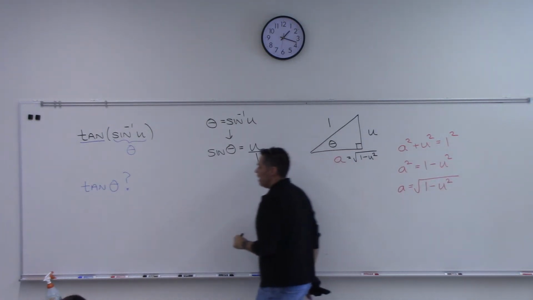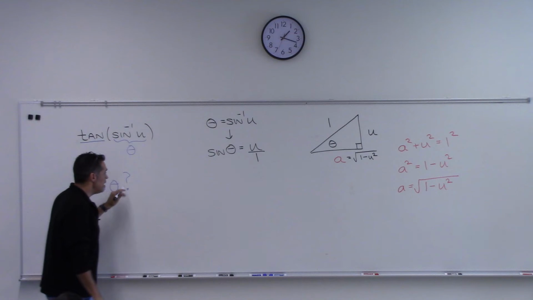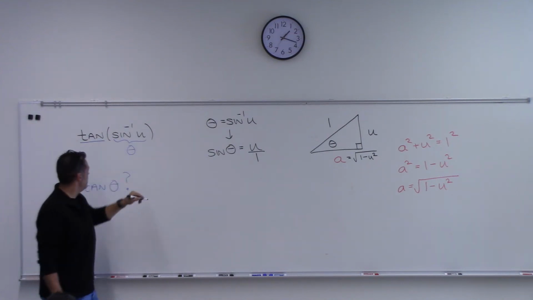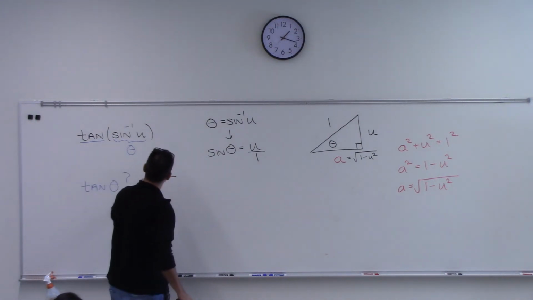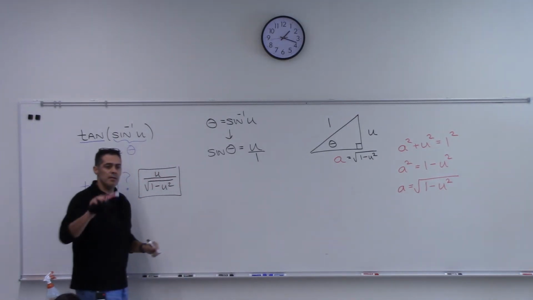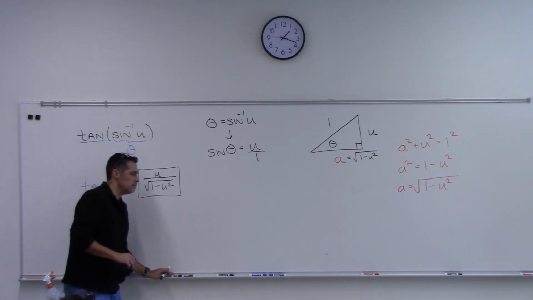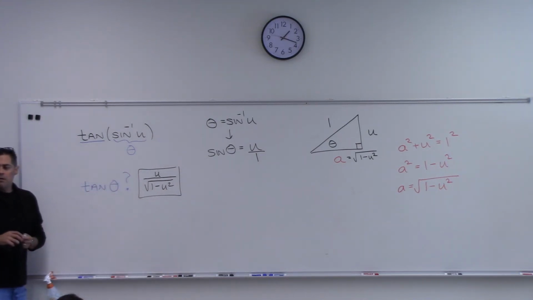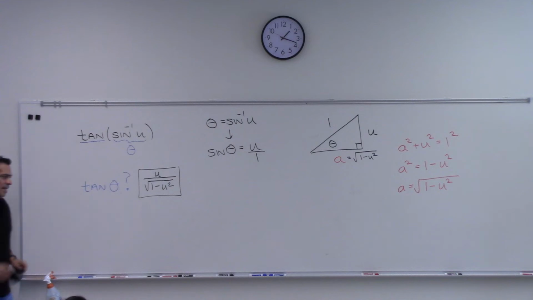And then to answer what's tangent of theta: opposite over adjacent. So this should just be u over the square root of 1 minus u squared. Does that help? Okay. All right. Anything else?